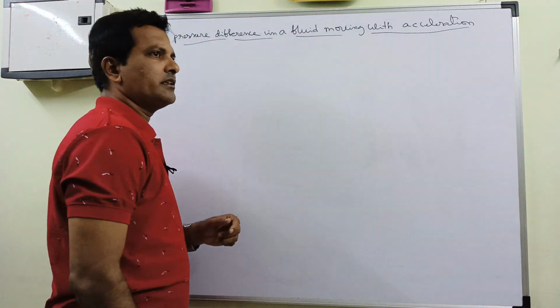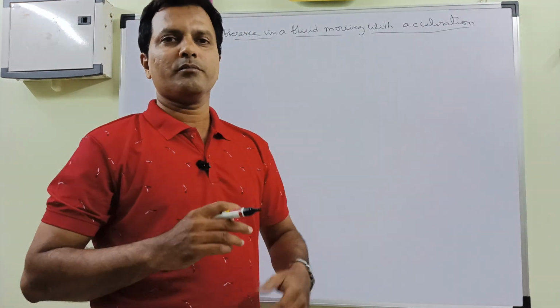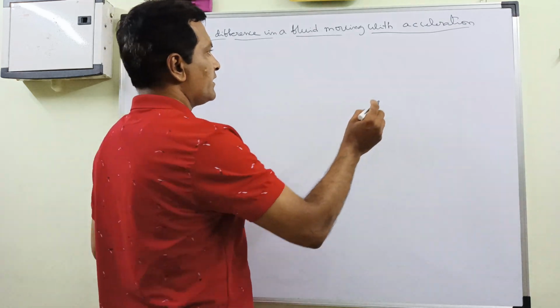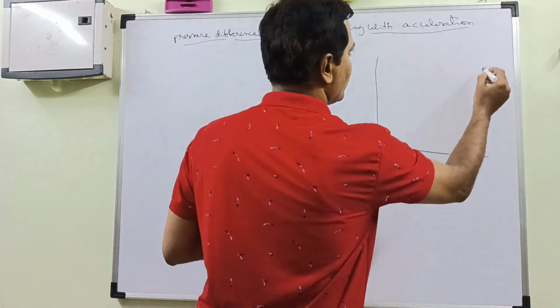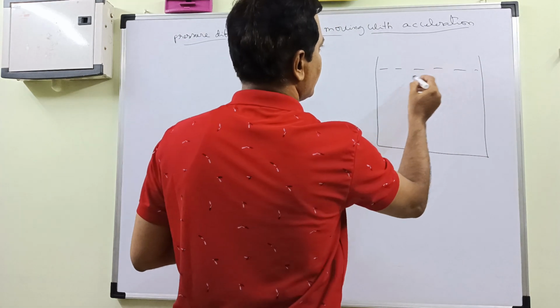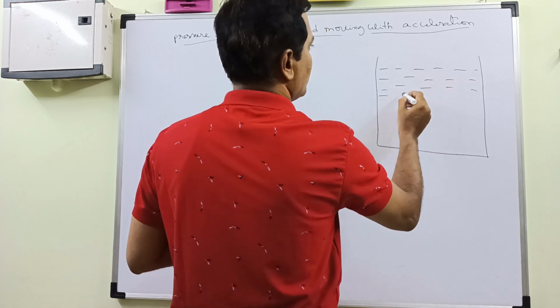See, actually, in fluid, the pressure difference is of so much importance in due course. So here, to calculate the pressure difference, we will take a beaker having a fluid of density rho.